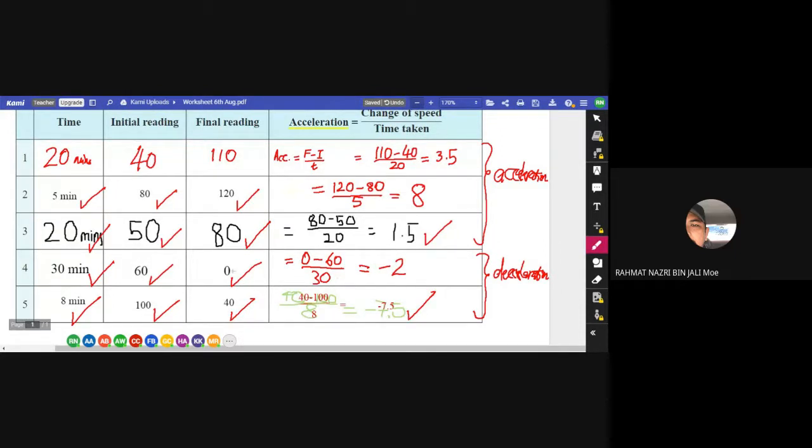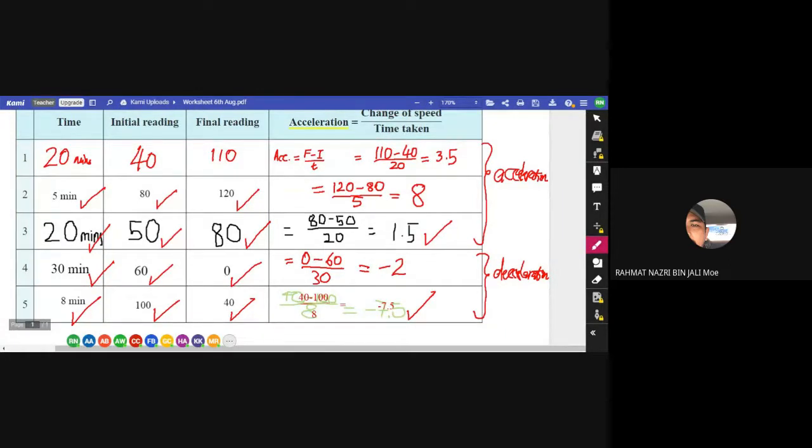So lastly, we get the final reading 0 for this case number 4. And then this one, we have 40, which means the speed is getting slower. And then the acceleration also becomes a deceleration. Okay, have you finished copying this table?